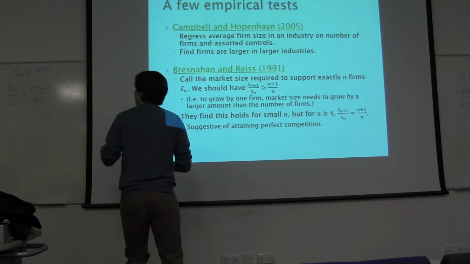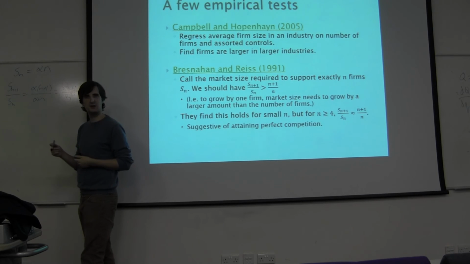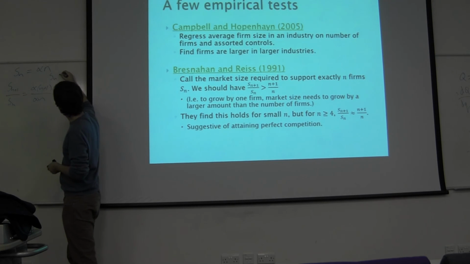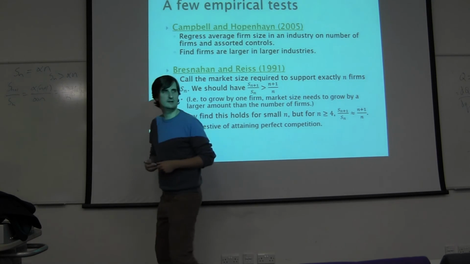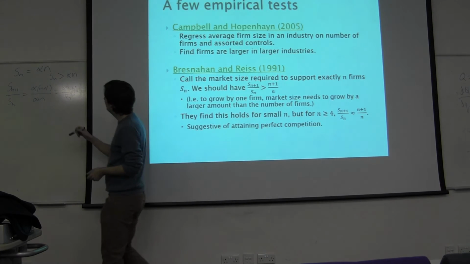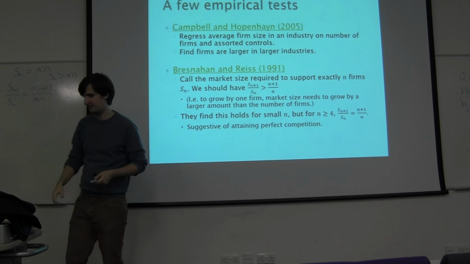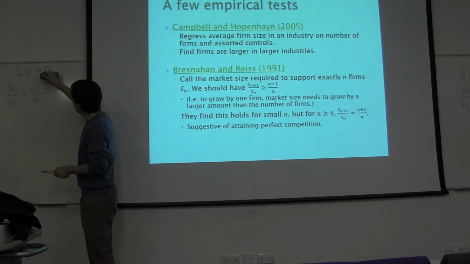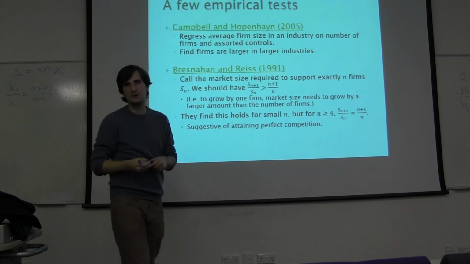But Cournot competition says this isn't true. Under Cournot competition, what we get is that Sn is kind of increasing, something more like that. So under Cournot competition, this thing isn't true. It's not proportional.